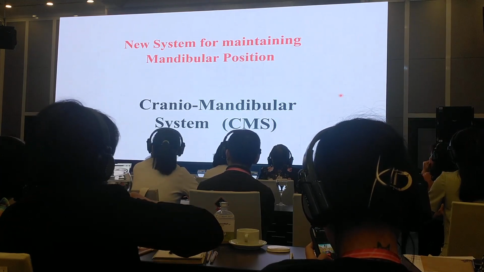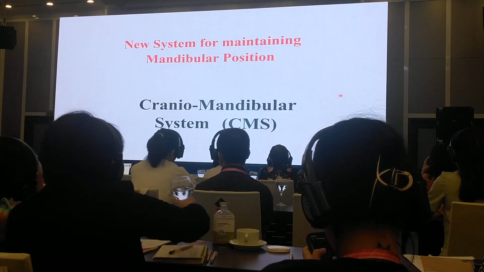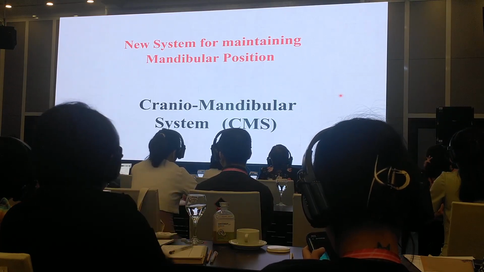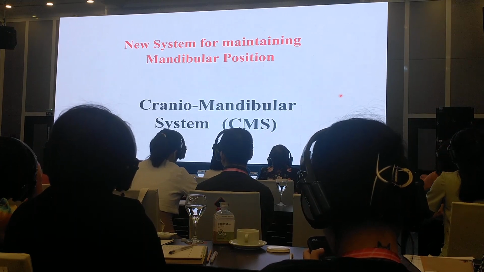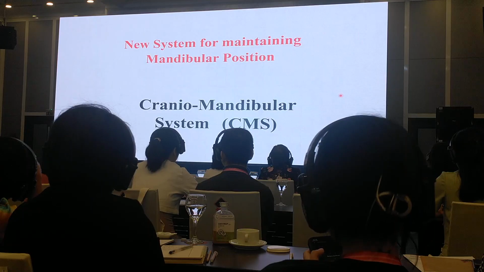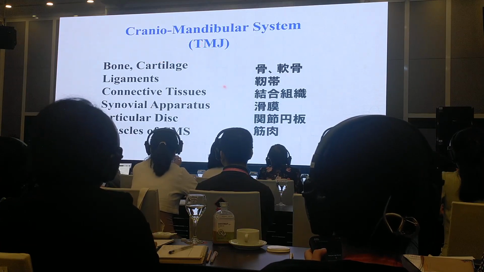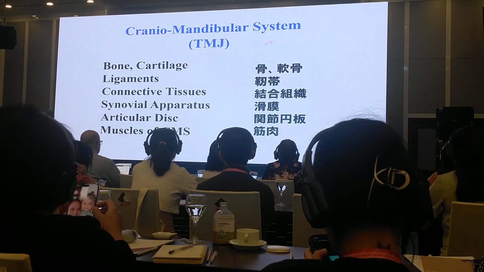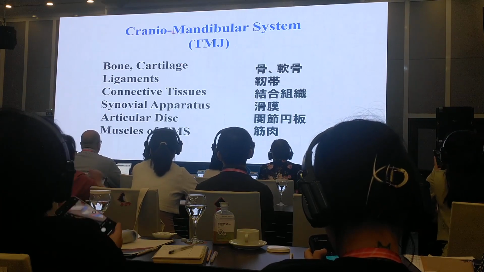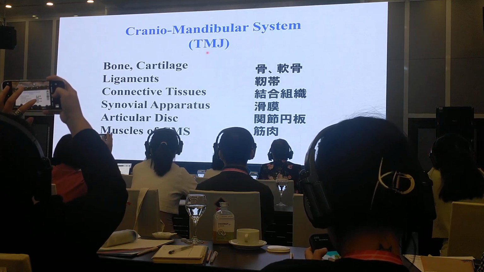But this is wrong. We developed a new system to keep the mandible. This we call the craniomandibular system, CMS. But if you don't like craniomandibular system, just say TM joint.